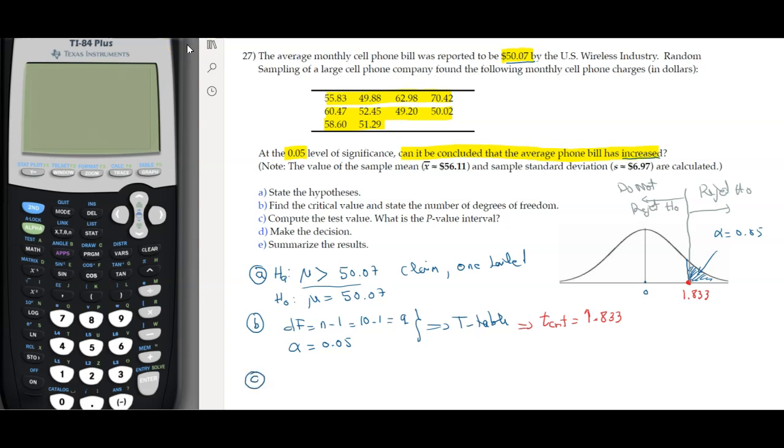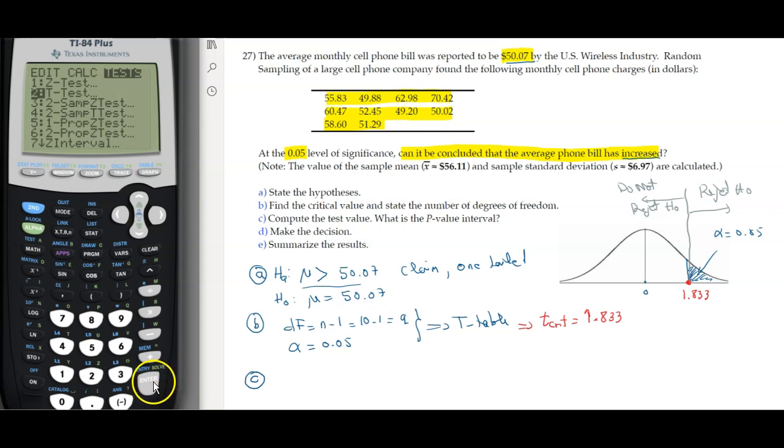And for C, we are looking to compute the test value or the p-value. This is easier done by the calculator. So what you need to do is go to stat, go to tests, and then go to t-test. That's the second one.